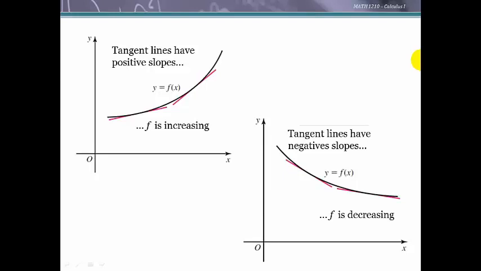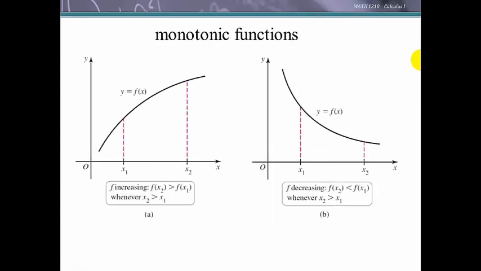Let's see how we can officially define increasing and decreasing by looking at some monotonic functions. Mono means one, and a monotonic function is a function that just does one thing, meaning it's always increasing or it's always decreasing. So here is our always increasing function.